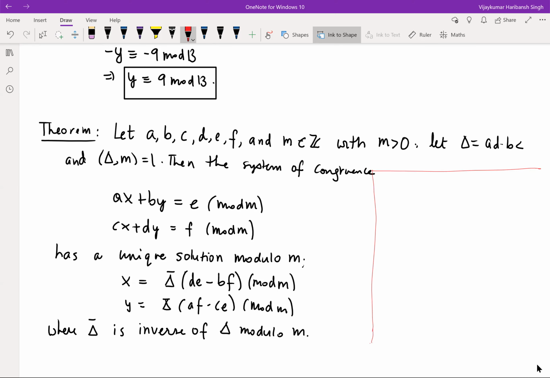Now, a small digression here. This is almost like Cramer's rule. So recall, what was Cramer's rule?